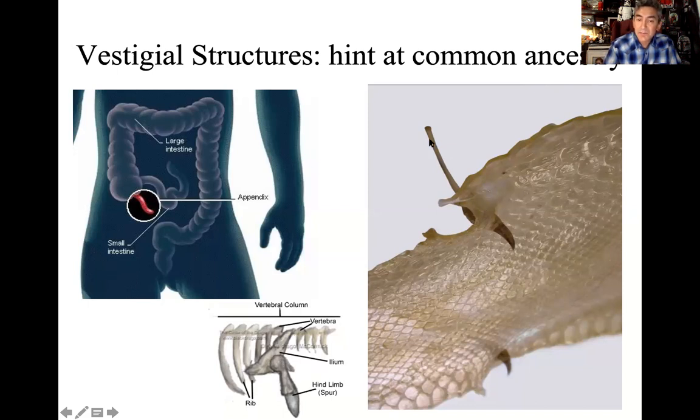They have the little spur, so this is sort of tracing back to the remnants of legs, right? Modern snakes don't use them, but their phylogenetic ancestors, which were the lizards, basically did, and maybe by mutation, by selection, by gene flow, we seem to have minimized or lost the legs.